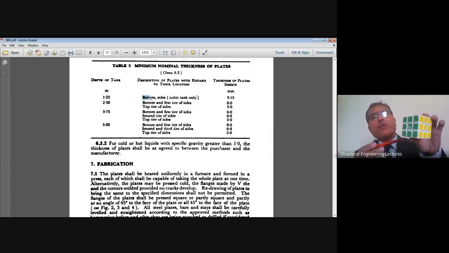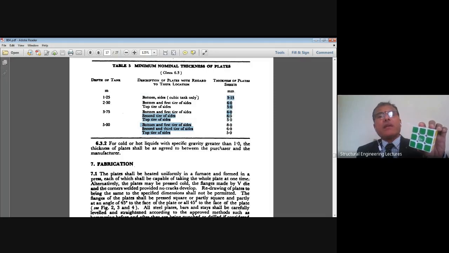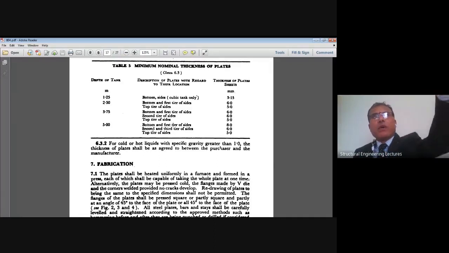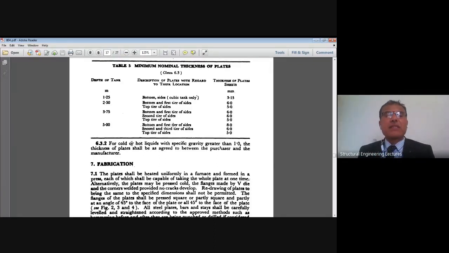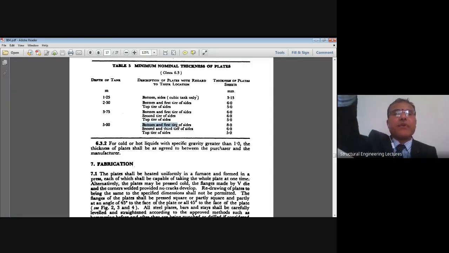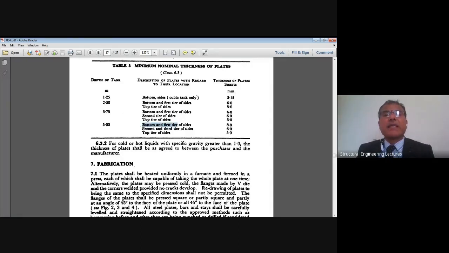Likewise, if you have 3 tires, then the bottom plates as well as the first tire of the sides should be 6 mm thick, whereas the second tire should be 6 mm, and the top tire should be 5 mm. Likewise, if you have 4 tires, then the bottom and first tire should be 8 mm thick, and the second and third tire should be 6 mm thick plate, and the top tire should be 5 mm.